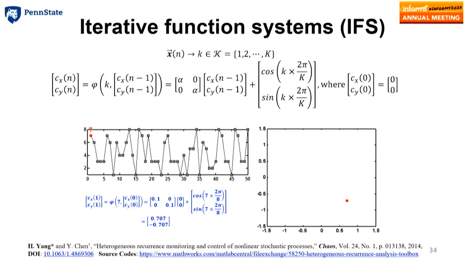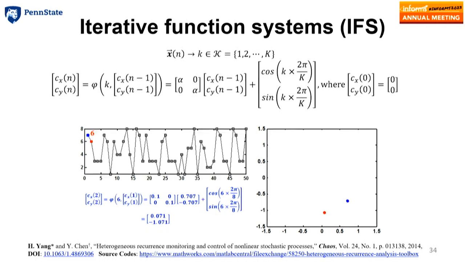We give the initial address 0, 0, and now this is the first point. So what we have is 0, 0, and then we know this is in region 7. Then we have a sine cosine, and now we got the address of the first state over here.